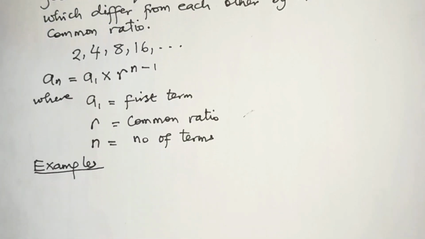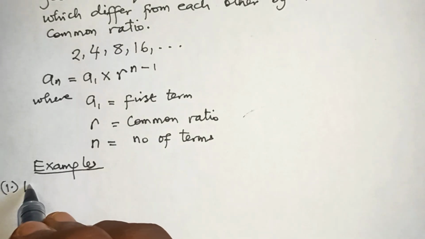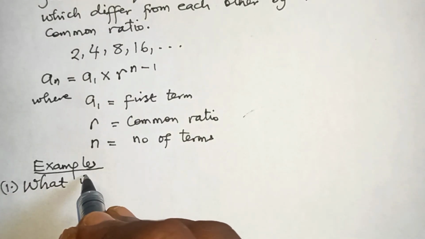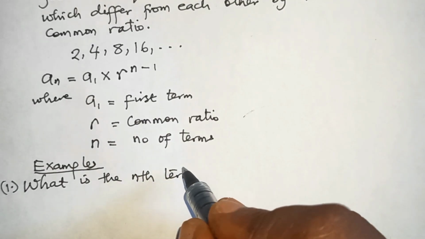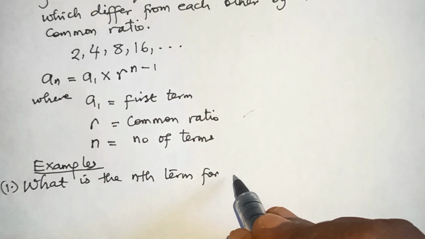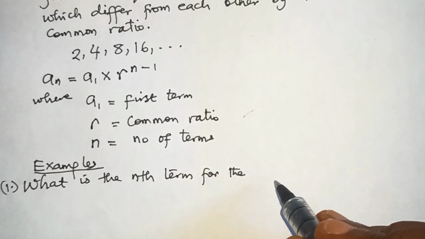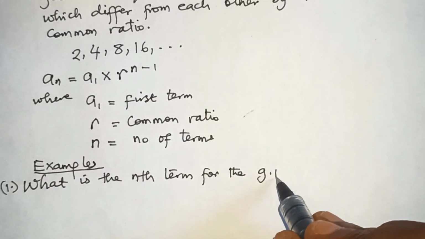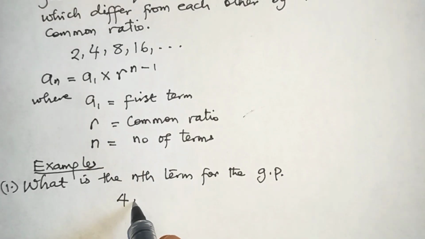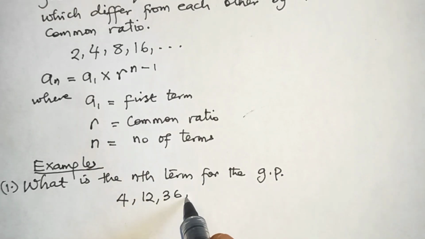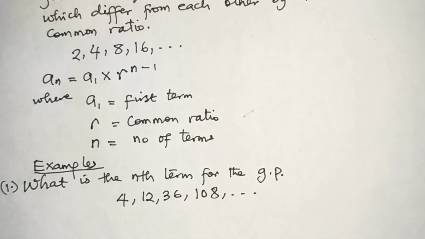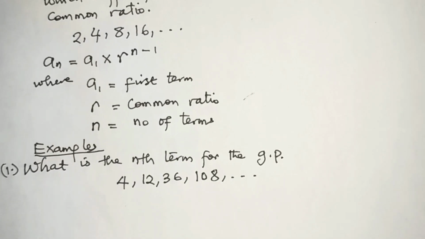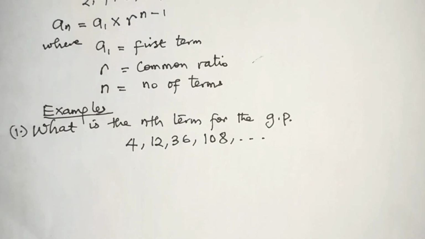The first example is 1: What is the nth term for the GP 4, 12, 36, 108, and so on? Now we are going to find the nth term of this sequence.